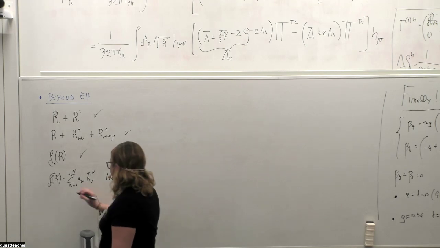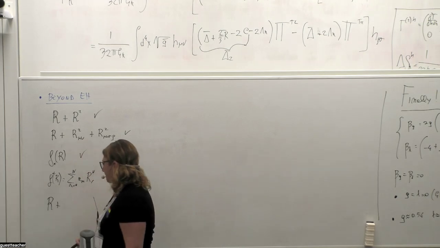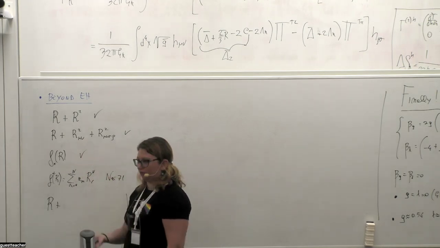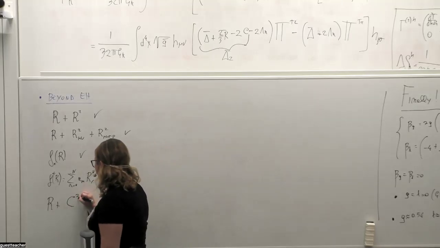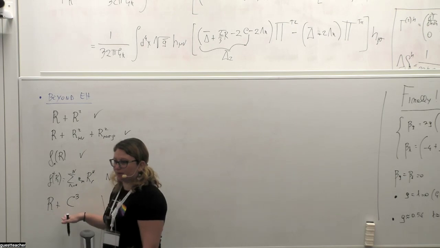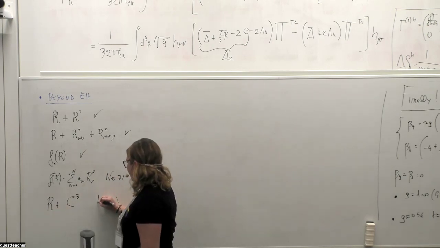Very importantly, there was a work done by some people in the community, including Benjamin, showing that the Goroff-Sagnotti term, so just Einstein-Hilbert plus the Goroff-Sagnotti term, is asymptotically safe.